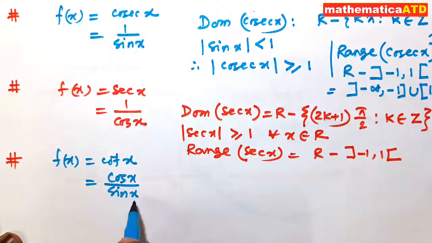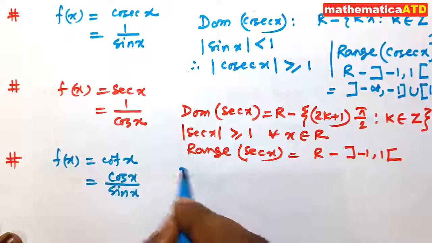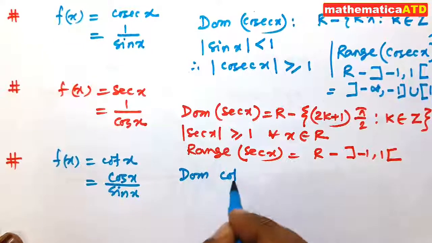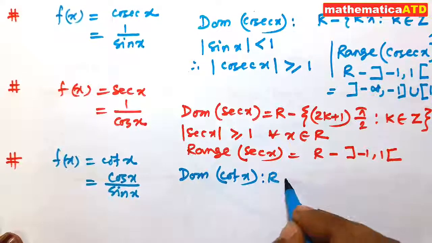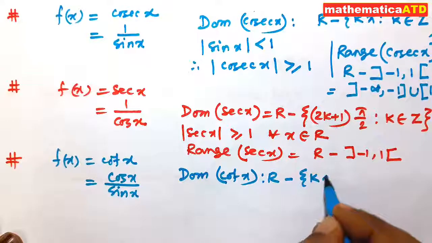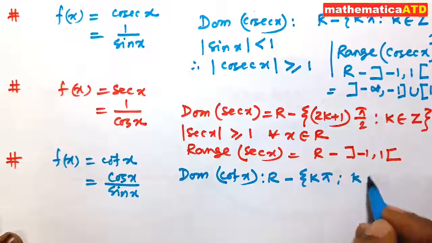So x is equal to k pi, where k is an integer. So the domain of cot x is R minus {k pi}, where k belongs to Z.